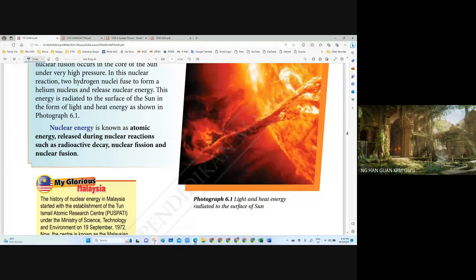Nuclear reactions include what we learned in 6.1, the radioactive decay: alpha, beta, and gamma decay. We already went through that. Specifically in 6.2, you're going to learn another two different processes of nuclear reactions, which are nuclear fission and nuclear fusion.